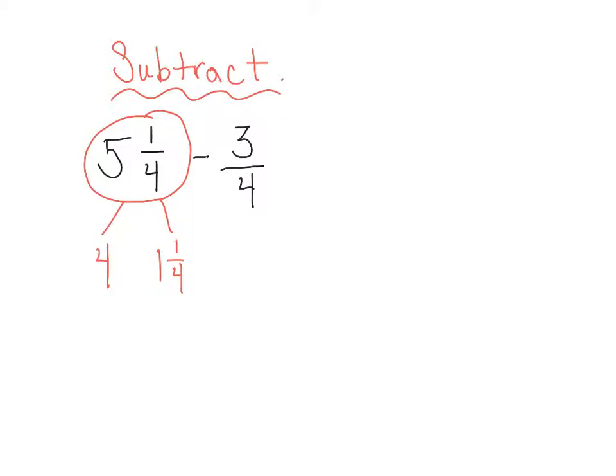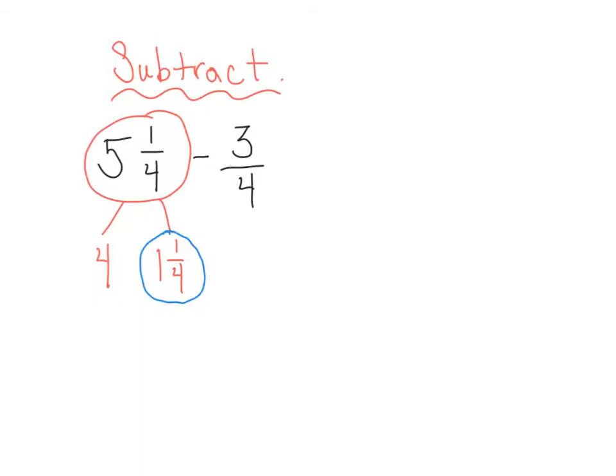But if we wanted to look at this one right here, and we wanted to get that into a fraction greater than 1, that improper fraction that we've talked about, how can we do that? Well, if we look at the denominator, the denominator is fourths, right? What would that whole look like?